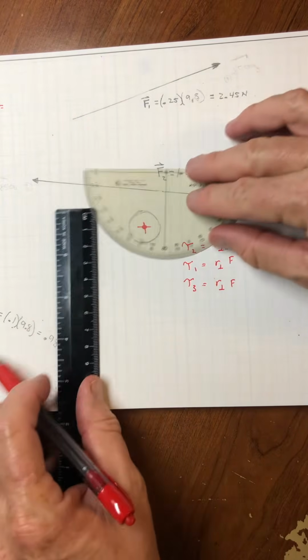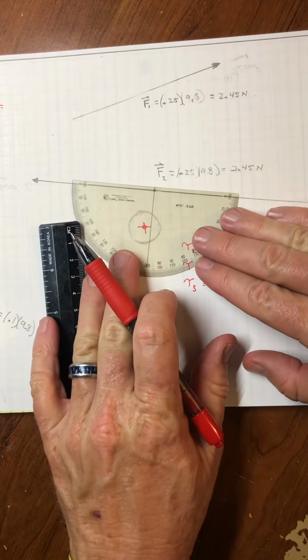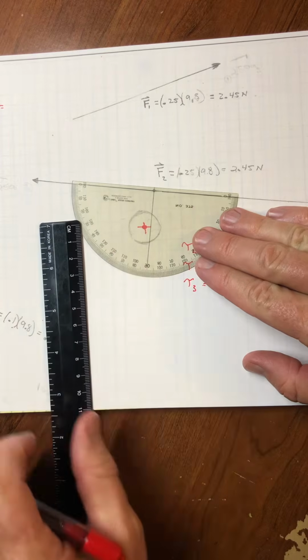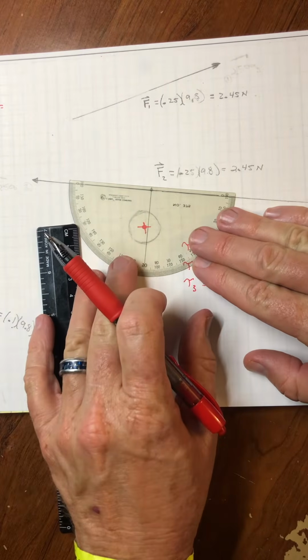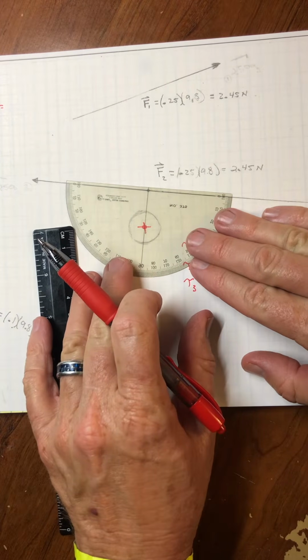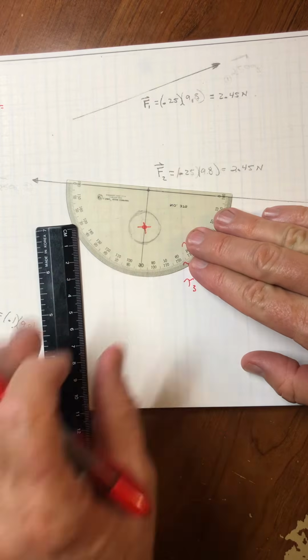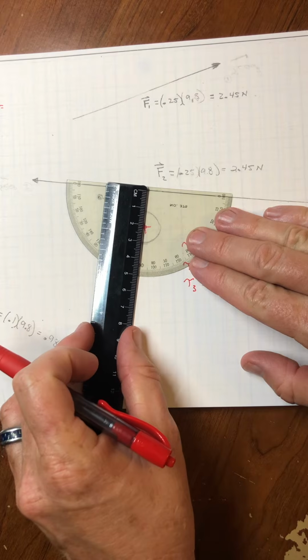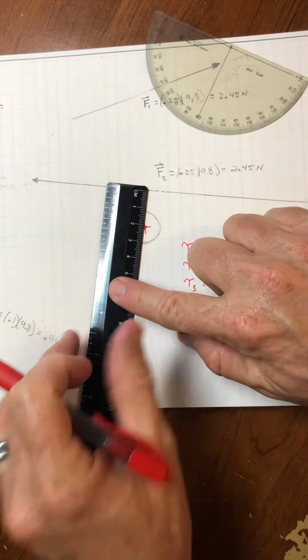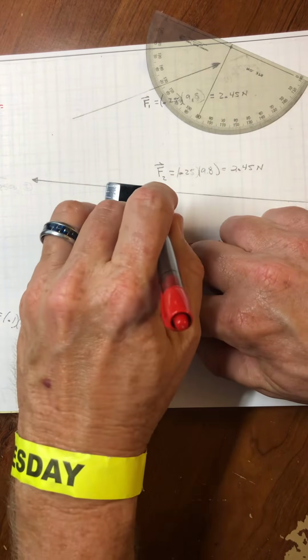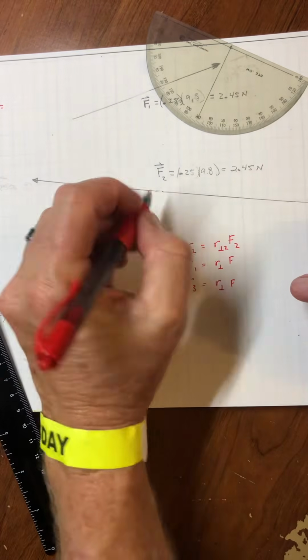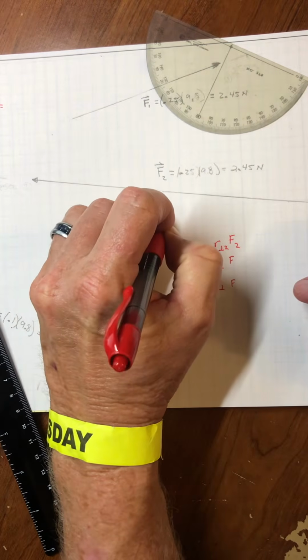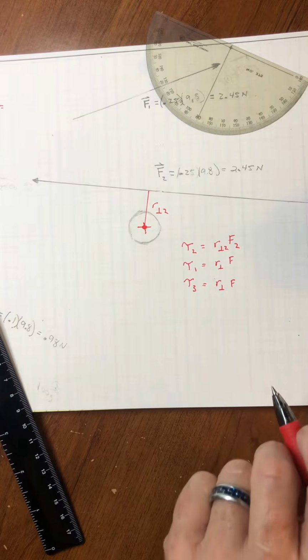And maybe to help you make sure you're perpendicular, you can lay out the protractor. And get a perpendicular distance.